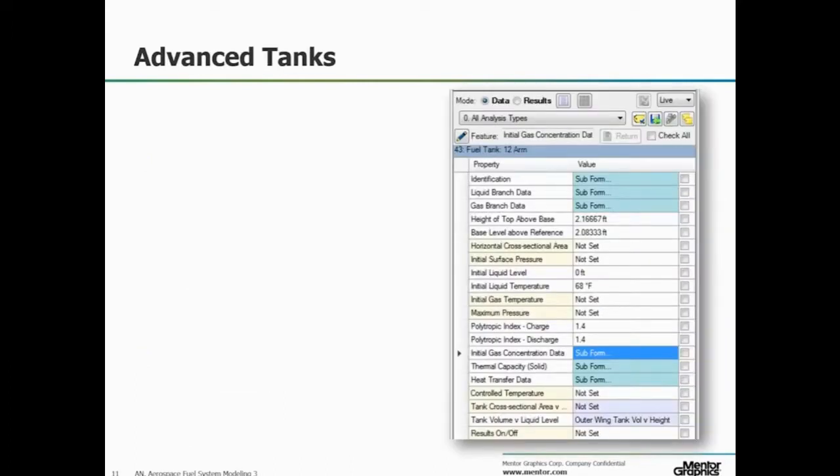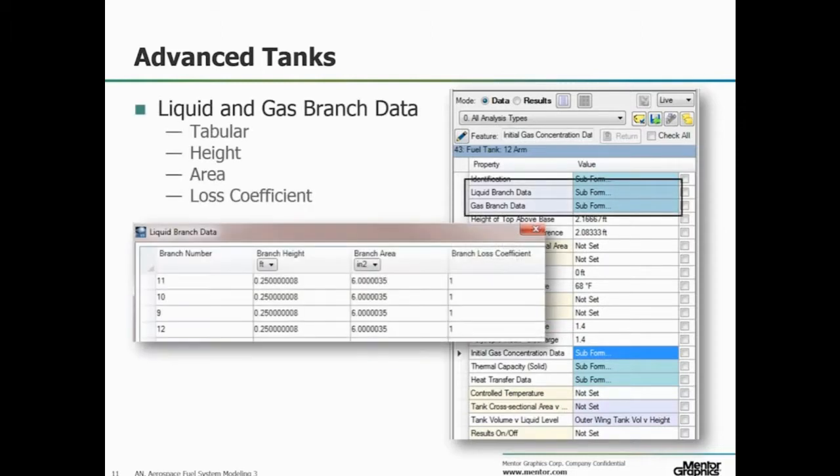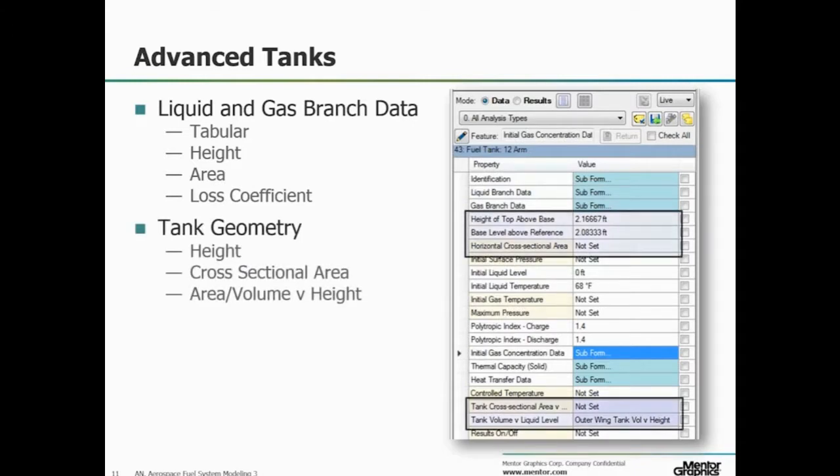Because the component is more complex, the data entry requirements are somewhat more demanding for the advanced tank. With up to 52 total arms, a compact way to define the position, size, and loss characteristics of each arm is needed. A data table is a simple way to do this and is easily accessible. Characteristics of the overall geometry and position of the tank are included, like height, cross-sectional area, and base level.